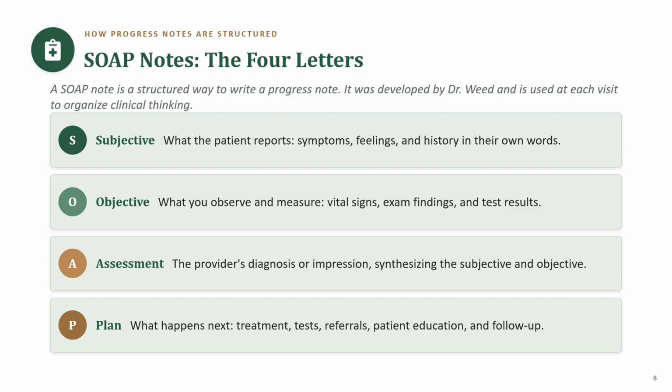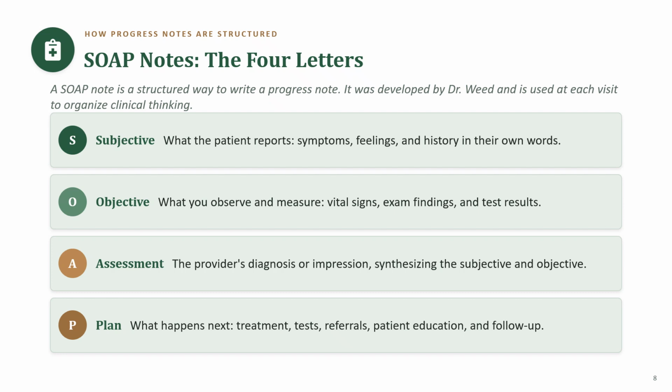O is for objective. This is what you observe and measure, vital signs, physical exam findings, and test results. A blood pressure of 140/90 or a temperature of 101 goes under O. A is for assessment. This is the provider's diagnosis or clinical impression, and it is reached by synthesizing the subjective and the objective together.